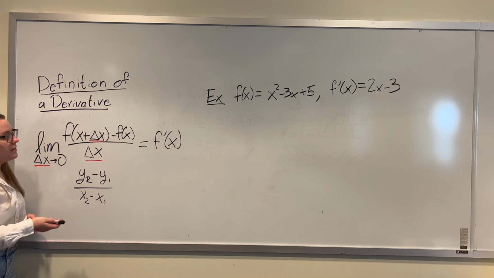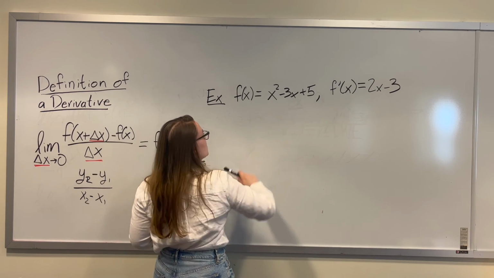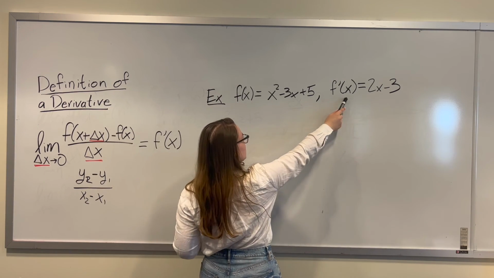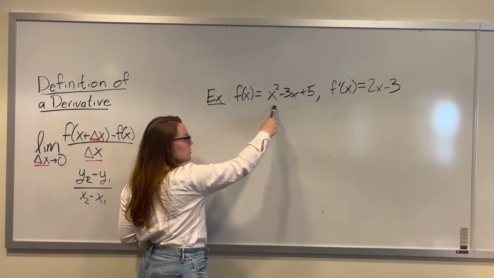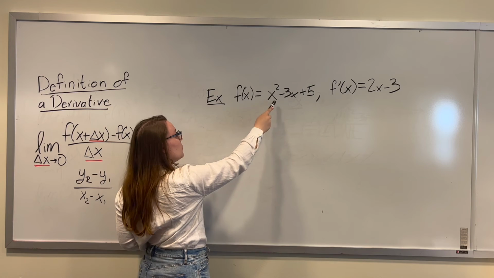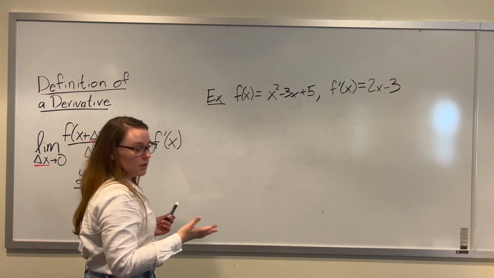So if we wanted to find the slope at any point on this equation, we could plug in that point into our f prime of x. Because if you think about it, it's not so simple to find the slope at some point on that equation. It's a curve. It's not a straight line.